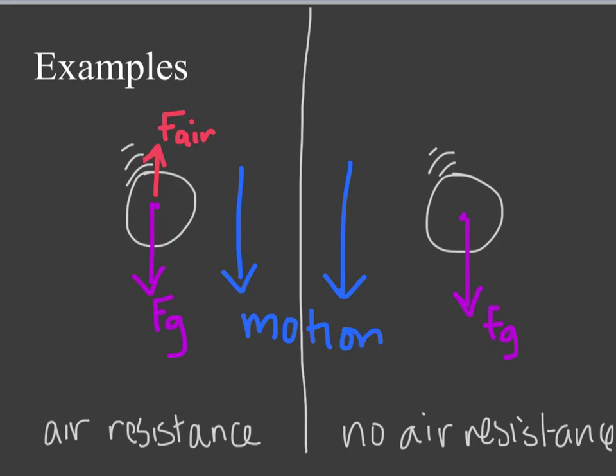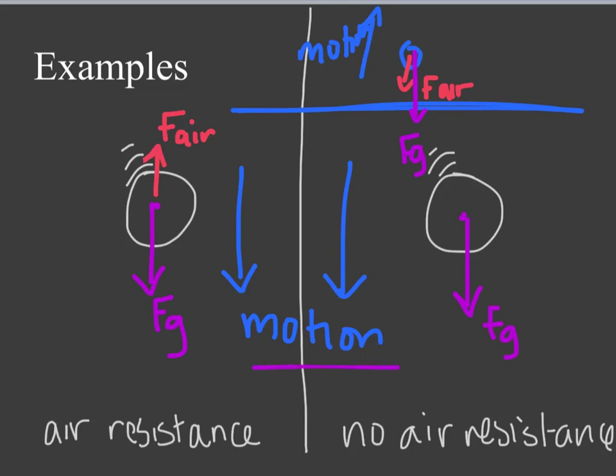So if instead I took a new situation here and we threw the ball up, so that is the motion, then we'll actually have air resistance pushing opposite the direction of motion. So that would be our force of air resistance. And gravity might be pulling it the same way. So air resistance, the direction of that depends just on the direction of motion of our object.